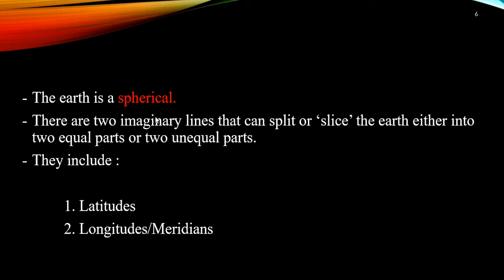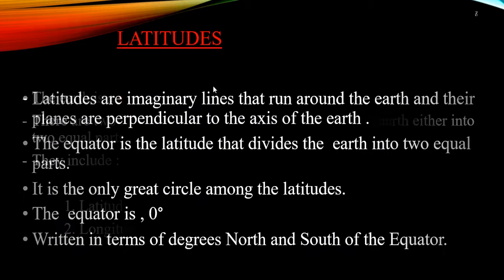It is a sphere. And there are two imaginary lines that can slice the Earth either into two equal parts or two unequal parts. They include, number one, latitudes, and number two, longitudes or meridians. Two imaginary lines: one of them is a latitude and the next one is a longitude.